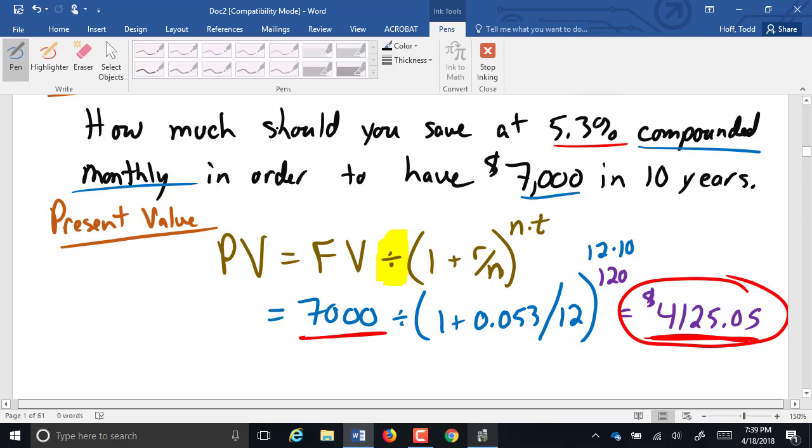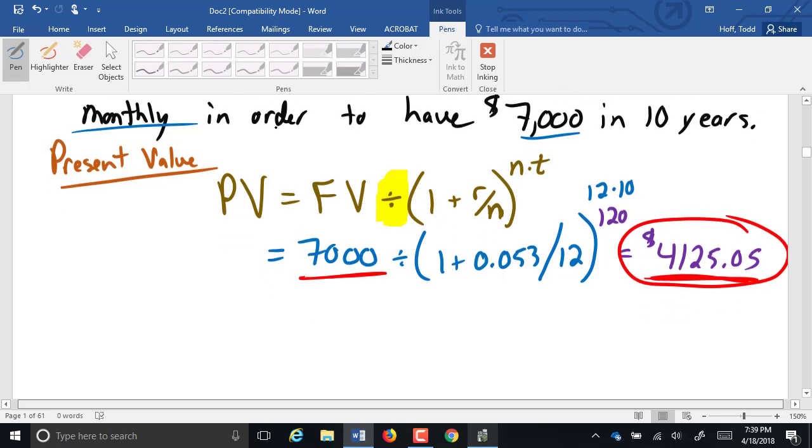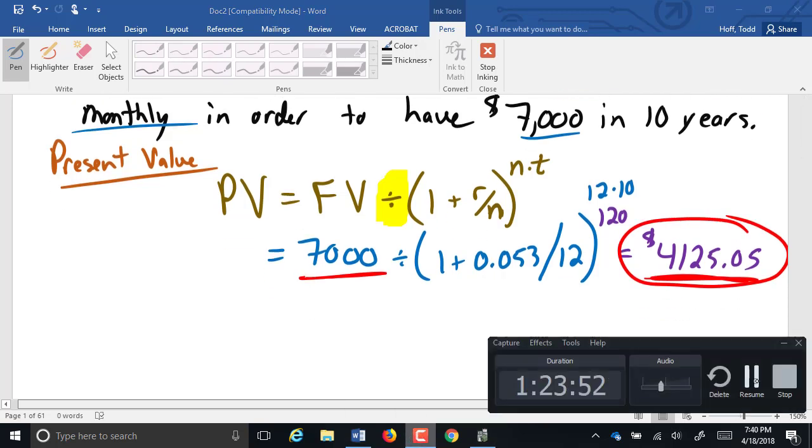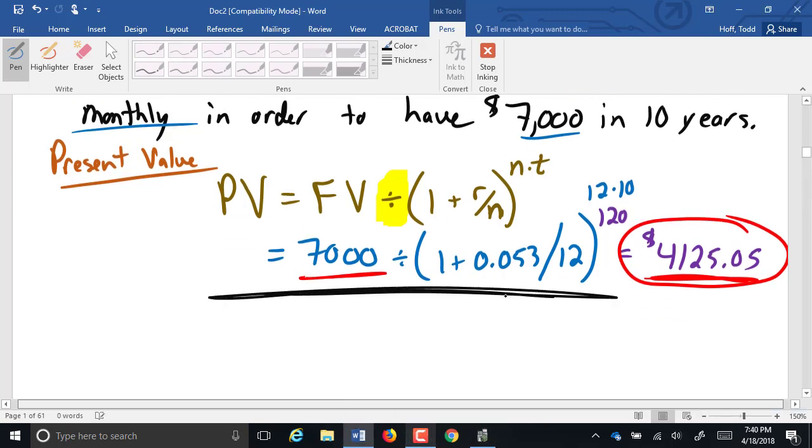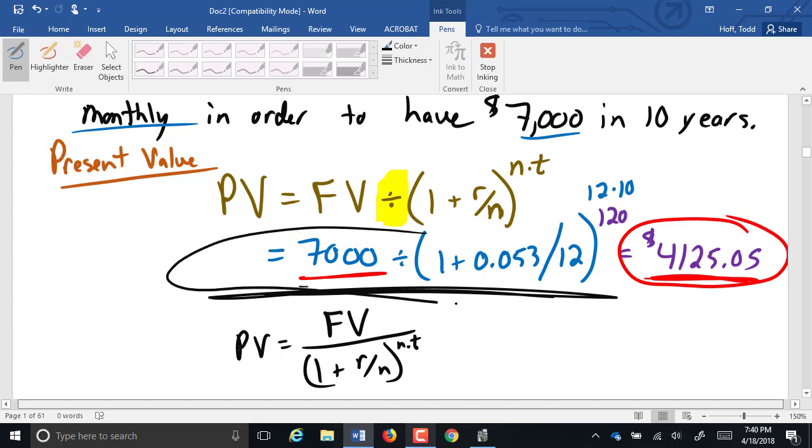Yep. The reason I write the formulas like this is because this is how you would punch it in the calculator. In the book, they would write this formula PV equals FV over 1 plus R over N to the power of NT. Well, the calculator doesn't work that way. So you got to figure out how to enter that in the calculator. So that's why I do it this way, because this is the way you would enter it in the calculator.